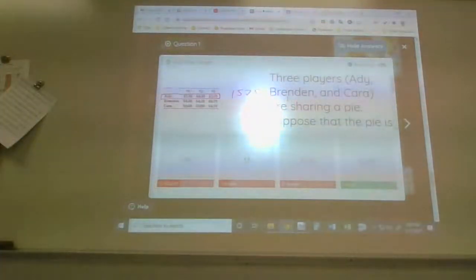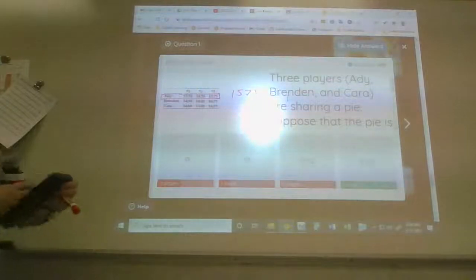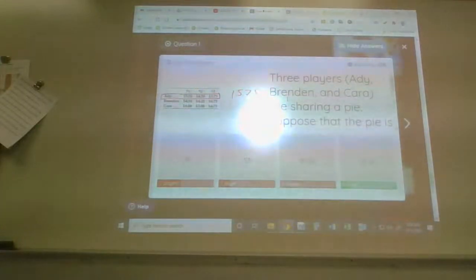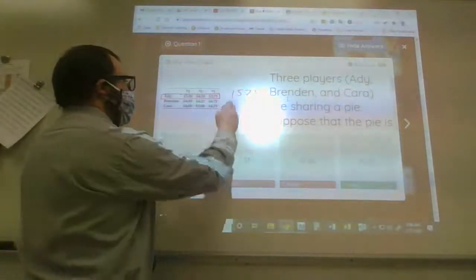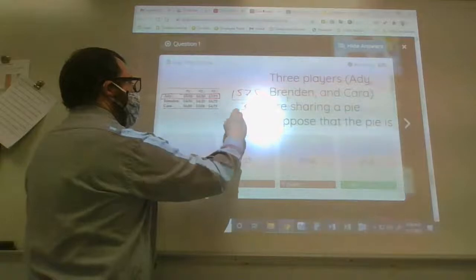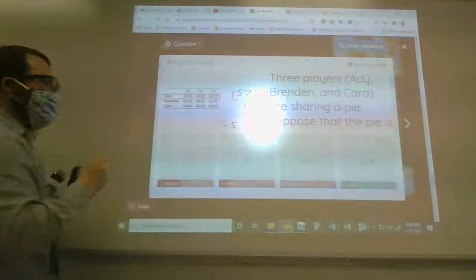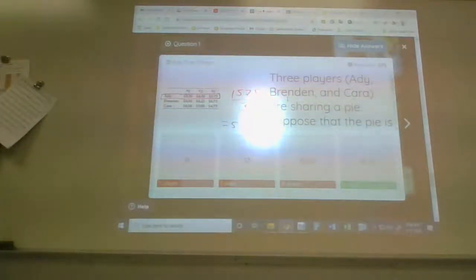That's what 80 feels the pie is worth. This is similar to method of sealed bids, where you have to figure out the total, and then divide by the number of players, or slices in this case. I'm going to divide by 3, and I'm going to get $5.25.